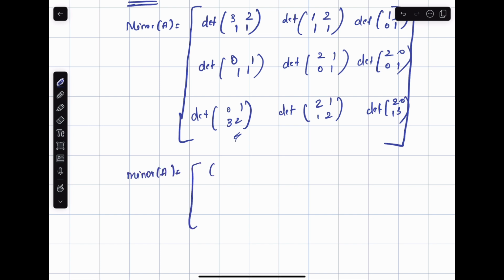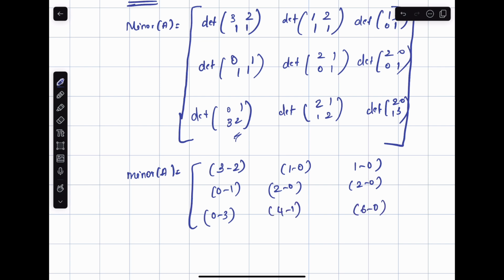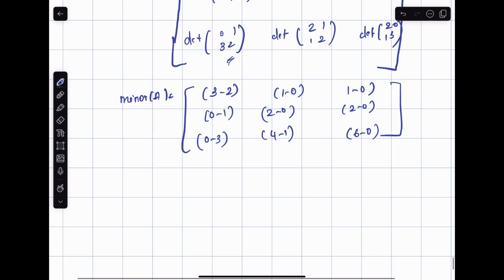So determinant of 3 into 3 minus 2 into 1, 1 minus 0, 1 minus 0, 0 minus 1, 2 minus 0, 2 minus 0, 0 minus 3, 4 minus 1, 6 minus 0. Now if I calculate, I will get the answer as minor of A is equal to the matrix 1 1 1, minus 1 2 2, minus 3 3 6.